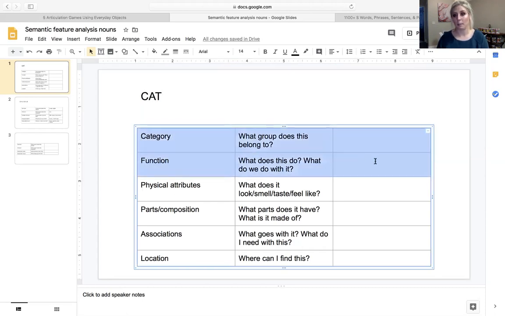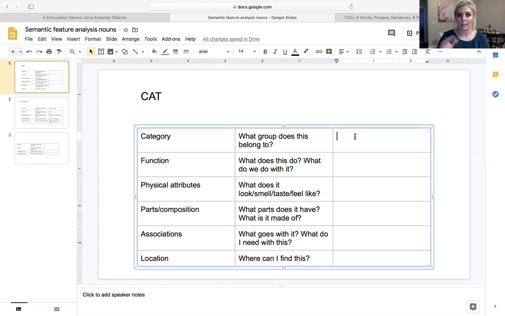They might need you to do activities that are specific for those, and I'll have some resources for those a little bit later. But let's get on to the semantic feature analysis. Okay, so category, what does a cat belong to? You could say animal. You can be more specific and say pet.